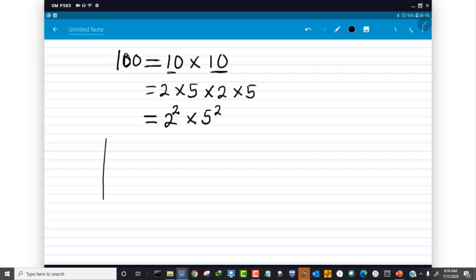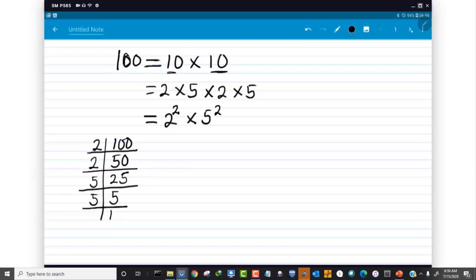Another way you can do it is to use a long division method. 100, then you begin to divide by using only the prime numbers that you know can divide this number. So 2 can go. 2 in 100, I have 50. 2 again in 50, that will give me 25. Now 5, then I have 5.